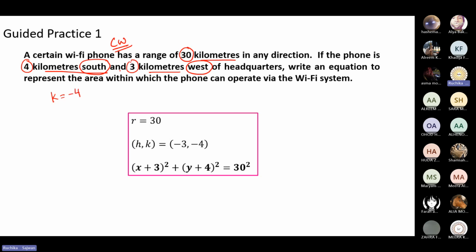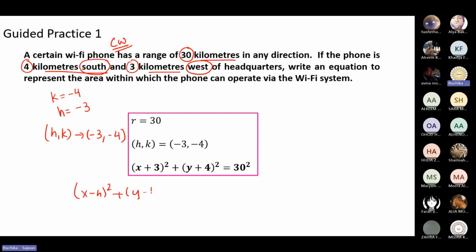Down means negative y. Similarly, if I go west, I'm going on the negative side of the x-axis. Do you all agree? So can I say my h will also be negative? So my center has both negative coordinates. When I plug in, there's only one equation of this lesson.